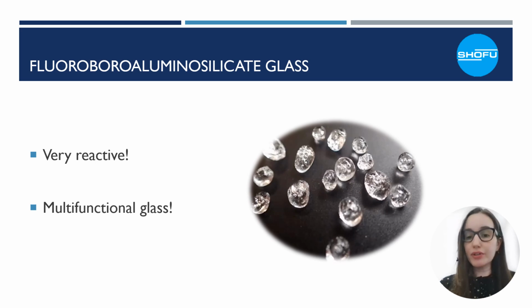The first important information is about the development of an exclusive glass that contains fluoroborosilicate by Shofu Company. This is a very reactive glass, and this is a multifunctional glass which is used to develop the SPRG filler.